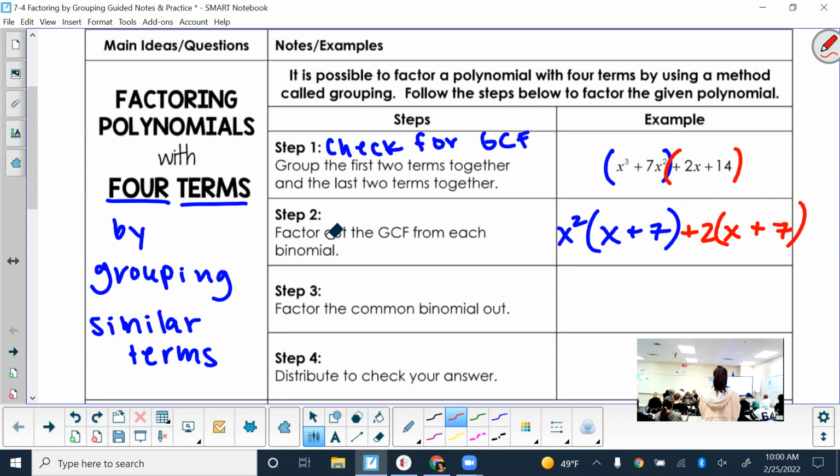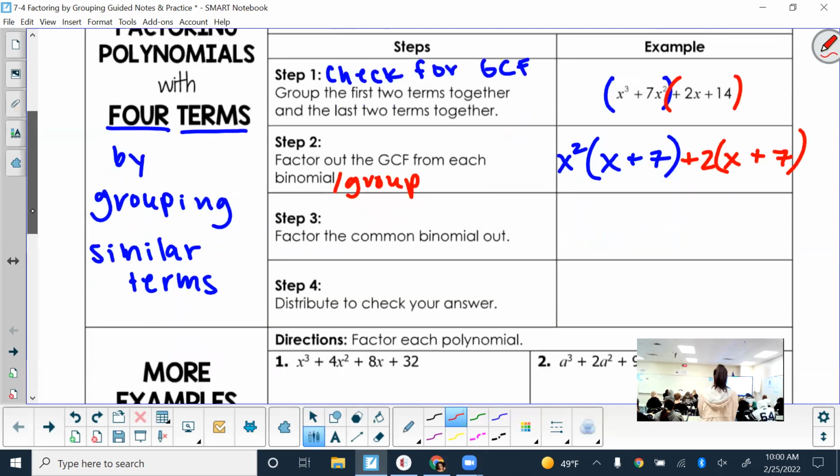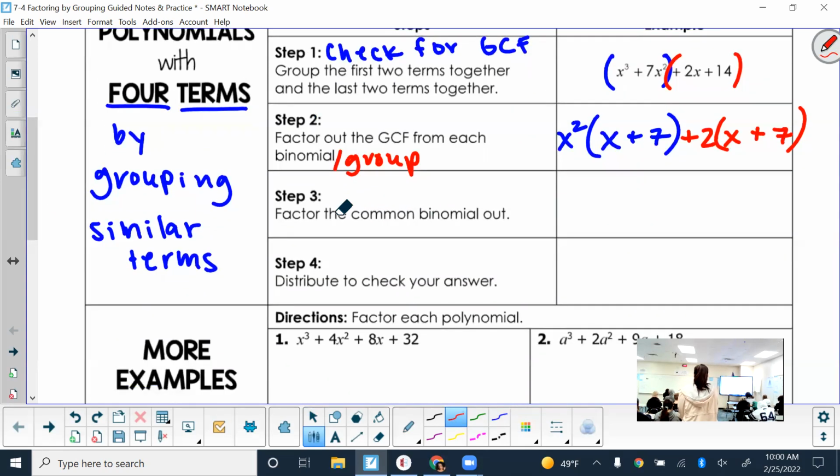Factor the GCF from each binomial / group, if that helps you remember. Question so far? All right, step 3 is to factor the common binomial out. So if you see the blue group and the red group, what do they have in common?